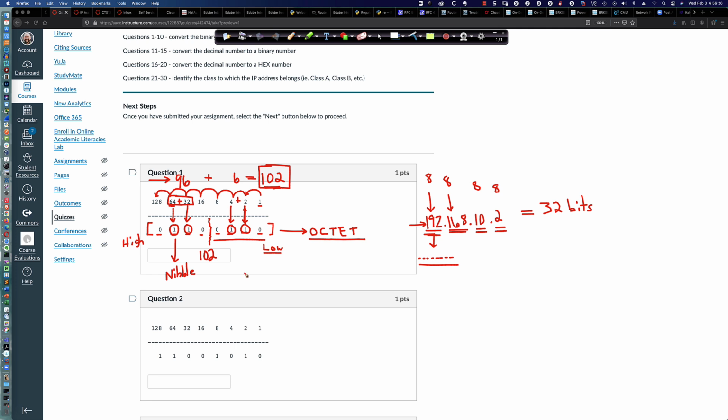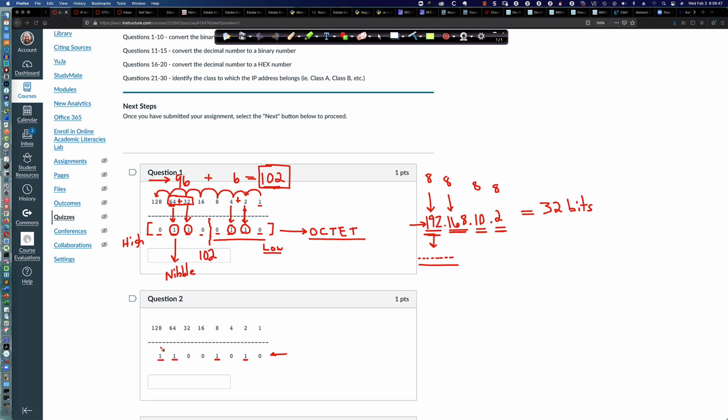So now let's come down and take a look at this next question, question number 2. Again, we take a look at the binary digits, right? These bits, these binary digits, we identify which bits are on.